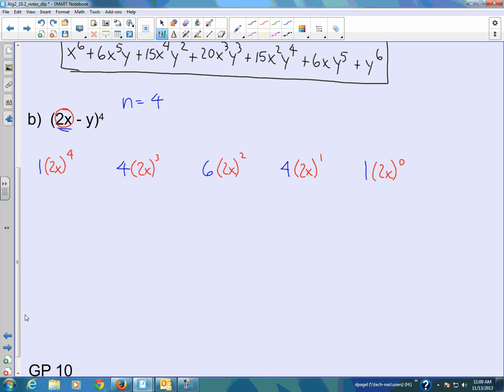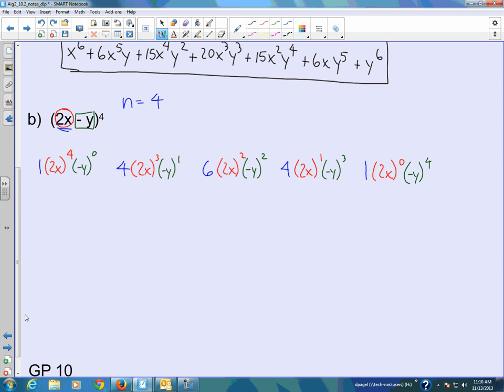Then we take our second term within our binomial, which actually is a negative y. And we start with power 0 and we go up. Negative y to the 1st, negative y squared, negative y cubed, finally negative y to the 4th.